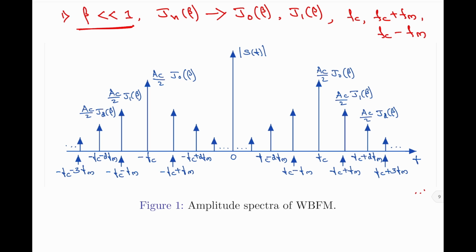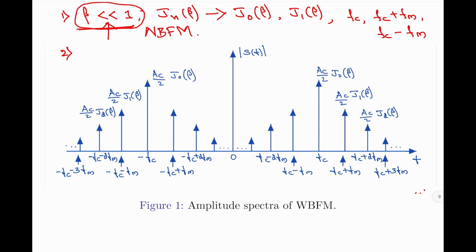Now, I want you to recall the previous video, which is on narrow band frequency modulation. It is exactly this condition. That is, when beta is much lesser than 1, the spectrum as well as the modulation technique discussed in this video results in narrow band frequency modulation.